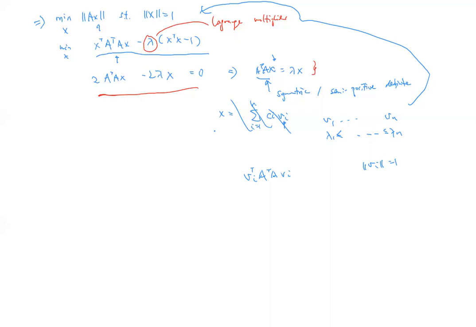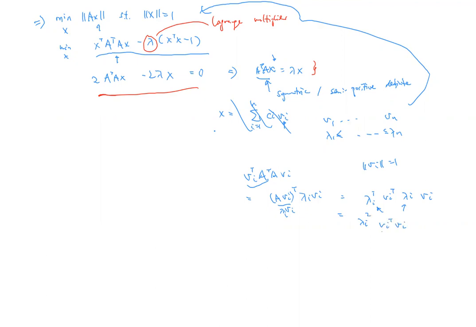A vi is lambda i vi, and this part is A vi transpose, which is also lambda i vi. So I will have lambda i transpose, which is just lambda i itself, and vi transpose lambda i vi. This is just a scalar, so I can move them together. Lambda i transpose is just itself, so lambda i squared vi transpose vi.